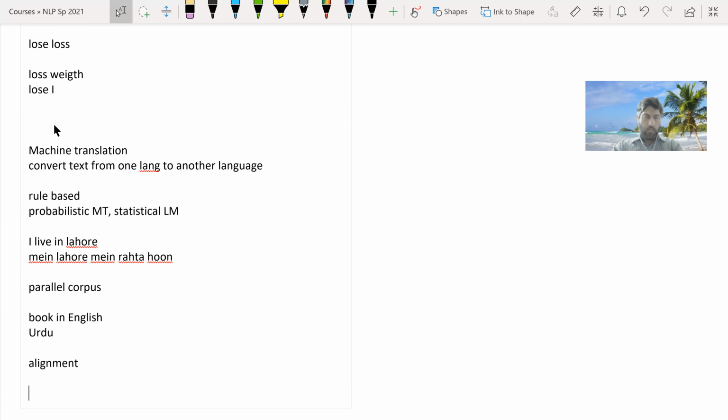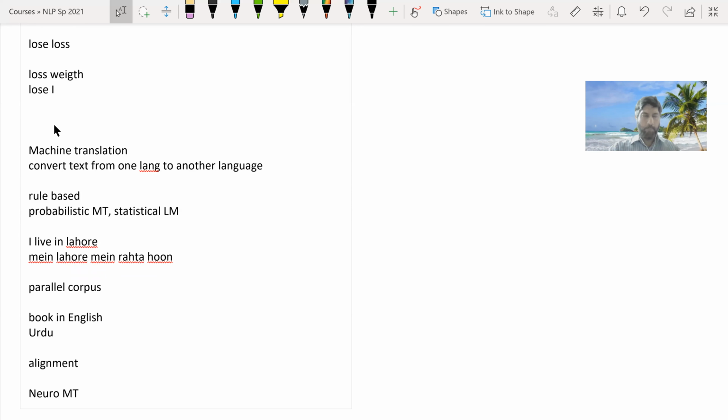Okay, so since about 2010, we have what is now called neural language models or neural machine translation. Actually, I'm using language models as well, the same ideas have been used for language modeling.